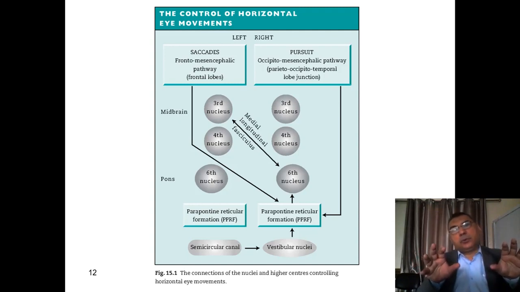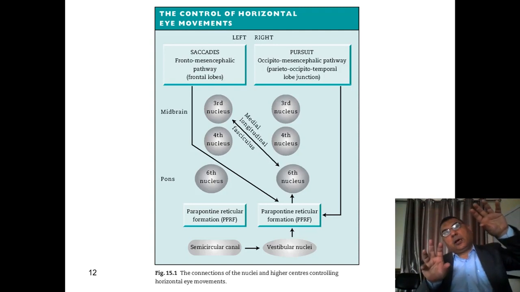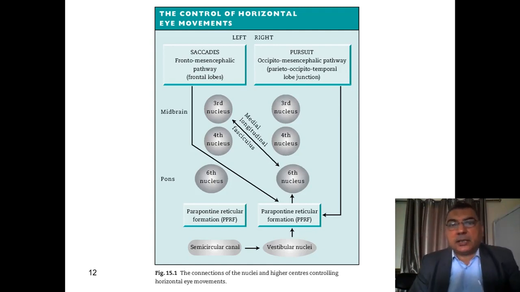So if the head moves in a specific direction, it will stimulate the semicircular canals, which give feedback to these nuclei to correct the position of the eye and make the patient look at the target and see better without diplopia, without any disturbance of his image.